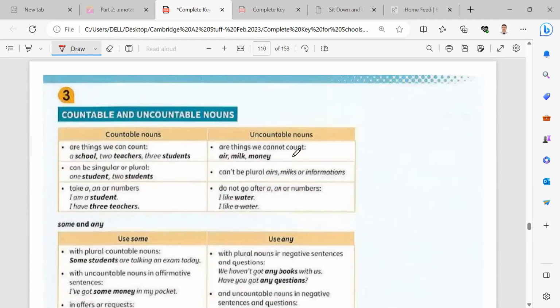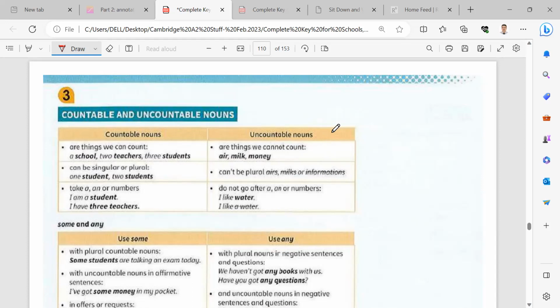How can you differentiate between countable and uncountable nouns? Countable nouns are something we can count, like pen, friends, family, person. And uncountable like money, we can't count it.